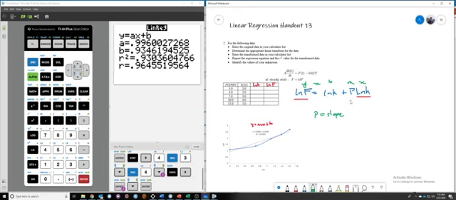P is here, so P is simply our slope, or M, in this equation. So we can come over here and look at our equation. Here's M, our slope, so P is equal to 0.996.